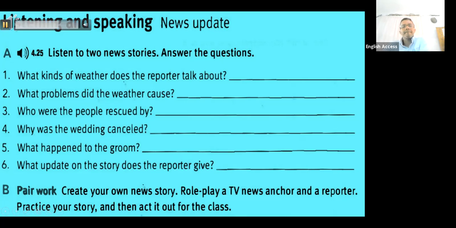Yesterday. Some good news this time? That's right, John. Yesterday, I reported on a young couple who were getting married in a park. The wedding ceremony was disrupted by a huge hailstorm, and the groom was hit on the head by a hailstone the size of a golf ball, and he was taken to the hospital. And so the wedding was canceled?